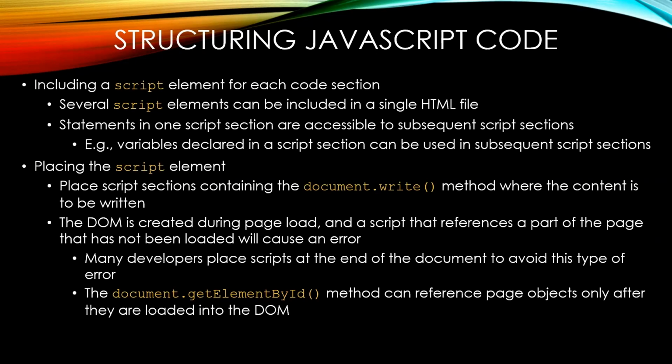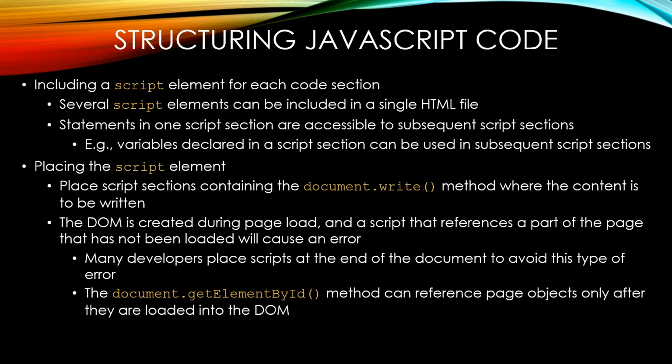Now, you can place this JavaScript element just about anywhere in a document. However, we do have a few things to think about when we try to find the best location for the script elements. And there are some rules that we want to keep in mind regarding the organization, including a script element for each code section.